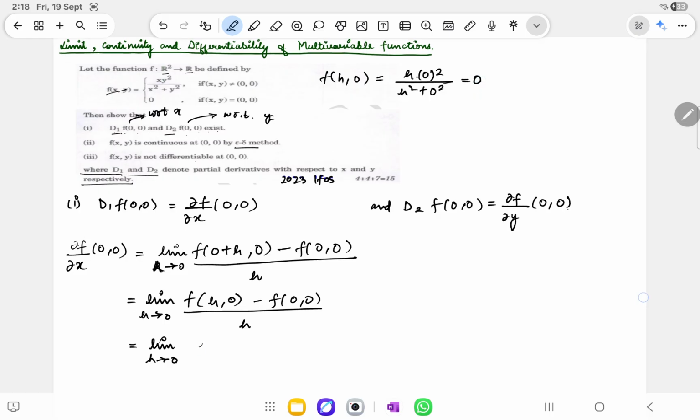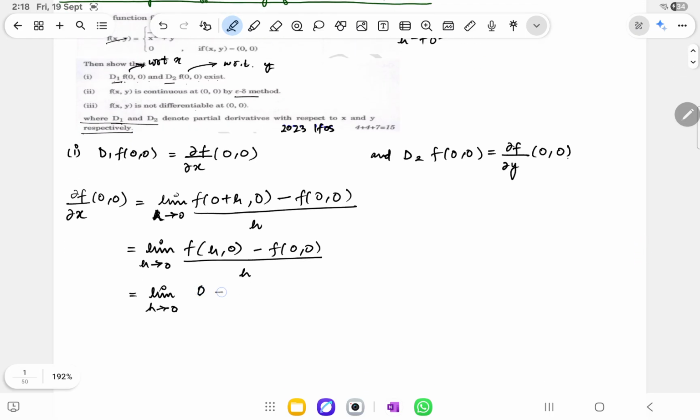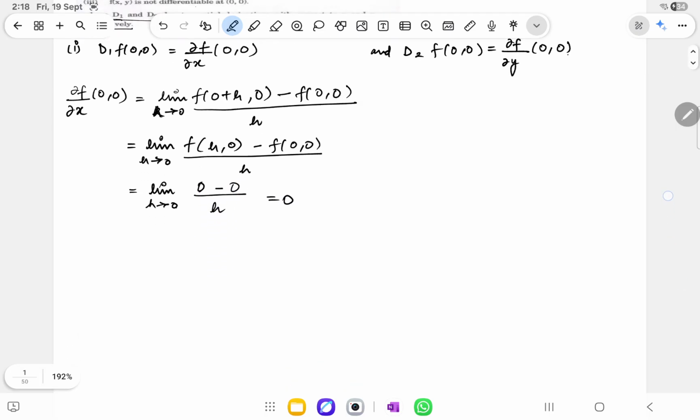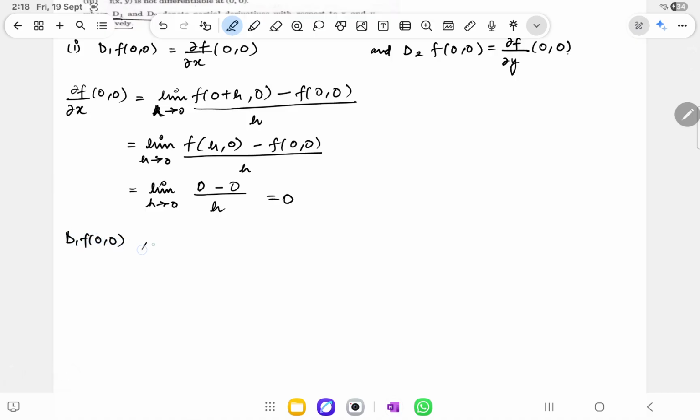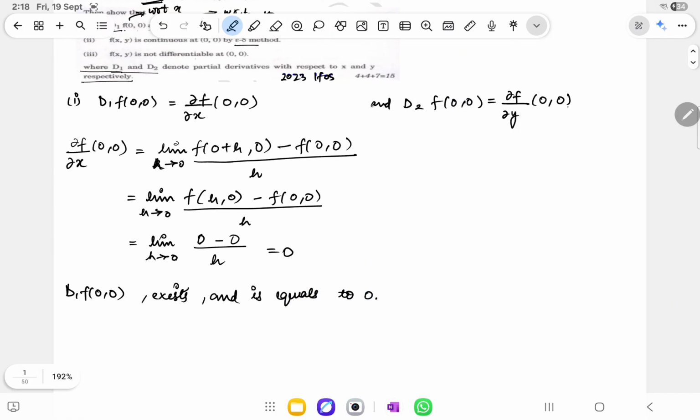So we get 0 minus f(0,0), which is 0, divided by h, and this is equal to 0. So from here we can say that d1 f(0,0) exists and is equal to 0.